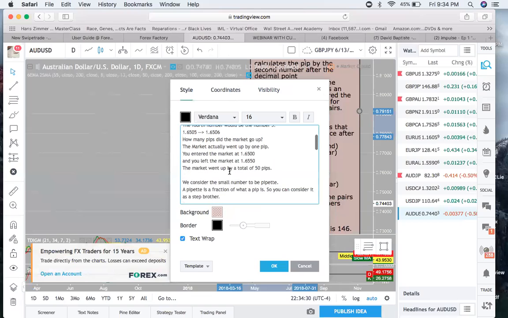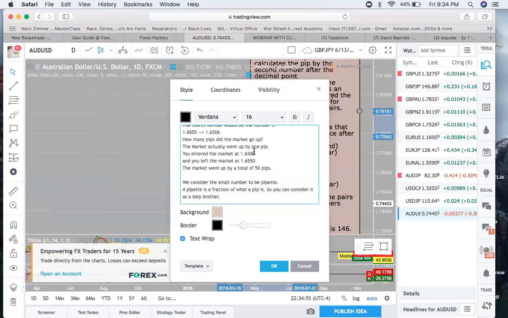Right. So if 1.6505 went up to 1.6506, how many pips did the market go up? The market actually went up by 1 pip. If you entered the market at 1.6500 and you left the market at 1.6550, the difference between these two numbers is a total of 50 pips.